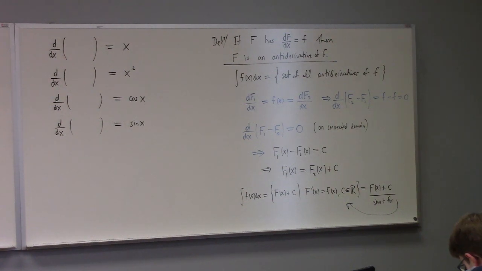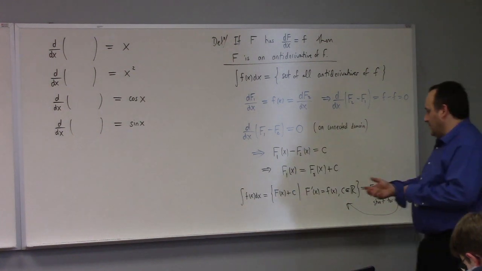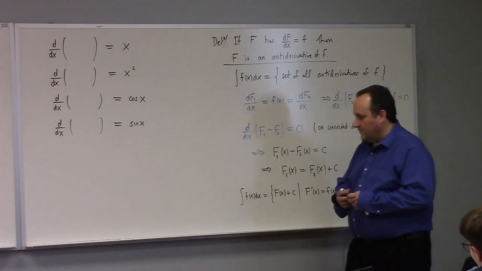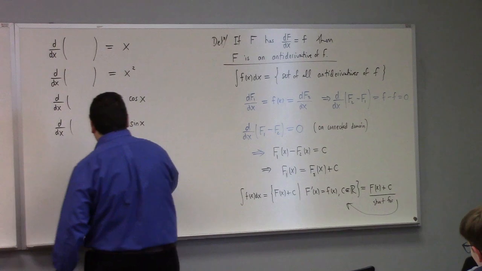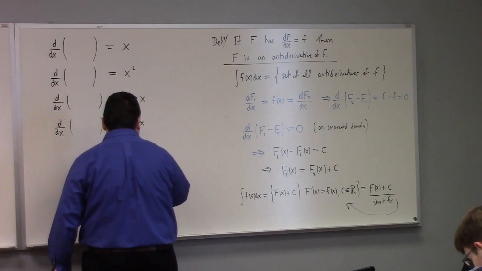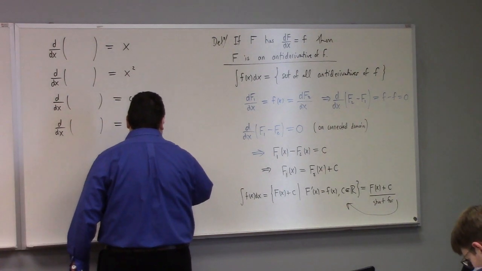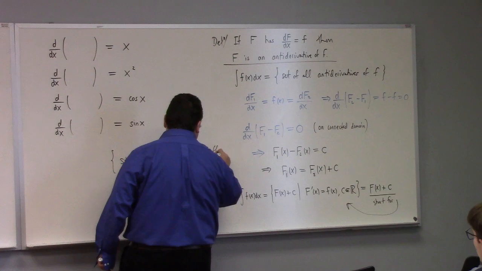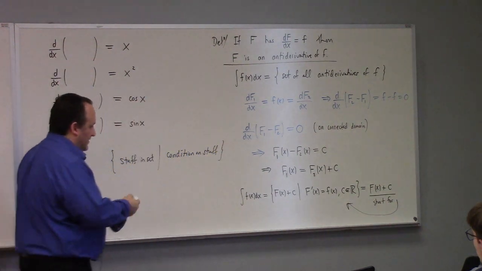What does the leftmost equation refer to? I'm using what's called set builder notation. The way this works is you write a curly bracket, stuff in the set, then a condition on the stuff.